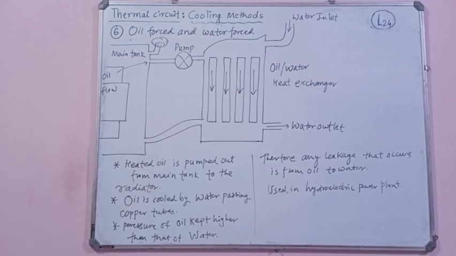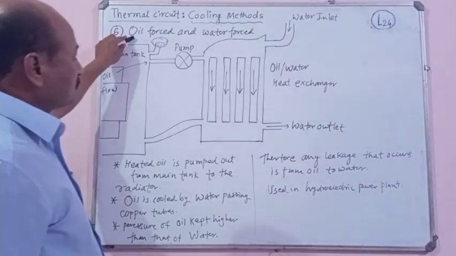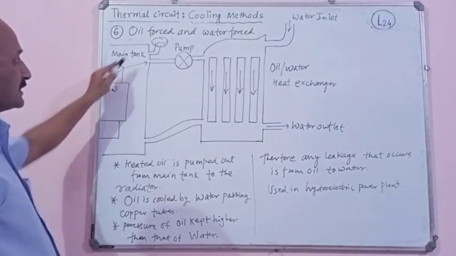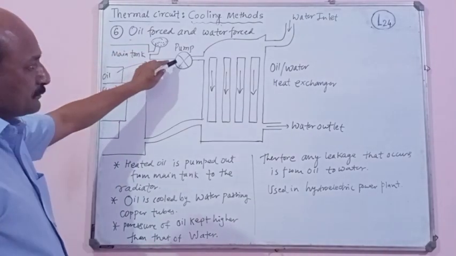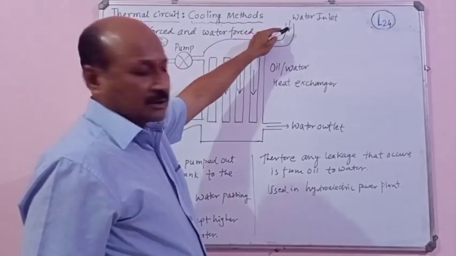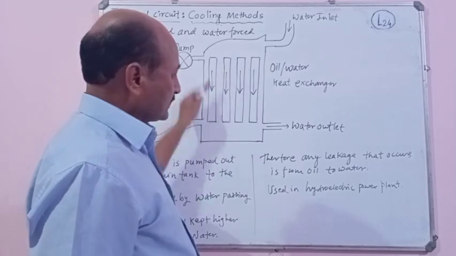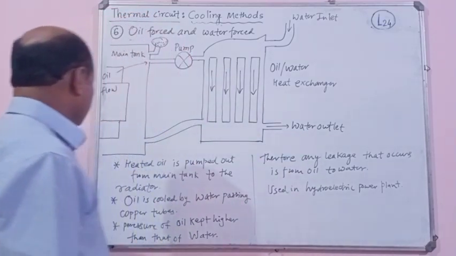The last method of cooling is oil forced water forced cooling. So this is the main tank. This is the conservator. Here is the pump. Here is the water inlet in the oil to water heat exchanger, and this is the outlet of the water.